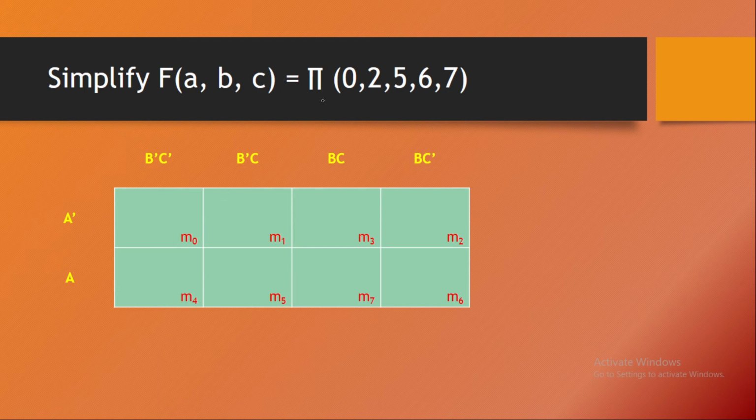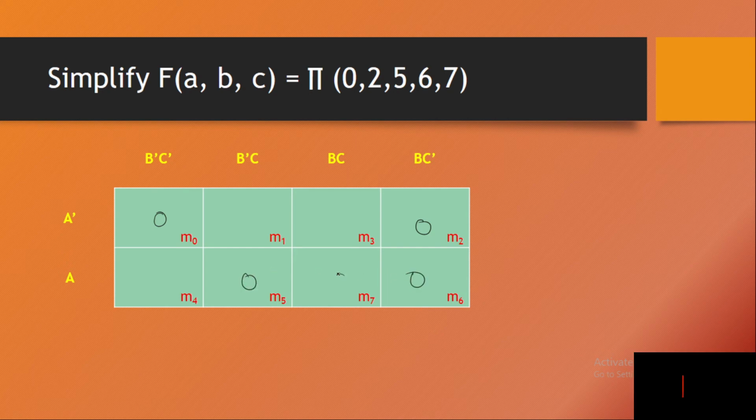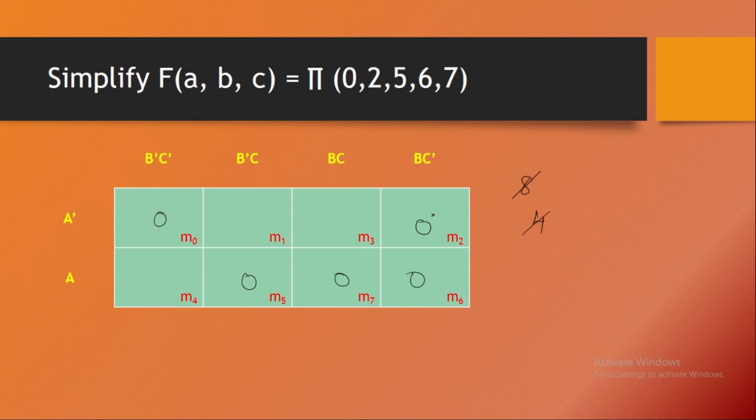So here we have the max terms 0, 2, 5, 6, 7. Since we have 3 inputs, I'll be using an 8-cell K-map here. So let's start mapping it fast. So it is 0, 2, 5, 6, and 7. An 8-cell group is not possible. A 4-cell group, again it's not possible. So I have to go for 2-cell groups.